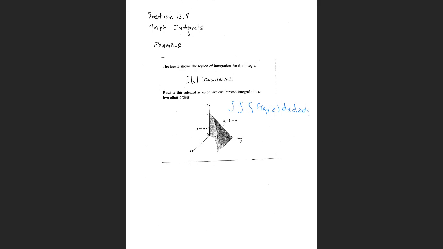Okay, dx dz dy. Now that means that here, my first surface is going to be a function of what variables?